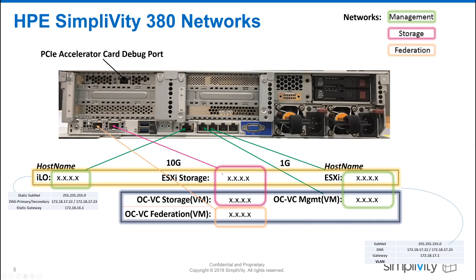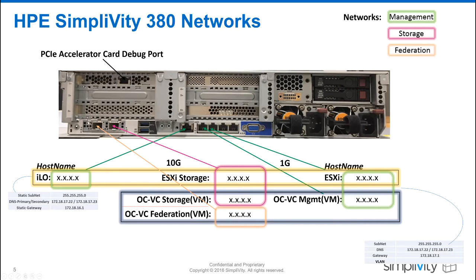The other one is for storage. Each Simplivity server will have one IP address on the ESXi VMkernel NIC. And the OmniStack virtual controller, the virtual machine inside the ESXi, needs a storage IP.